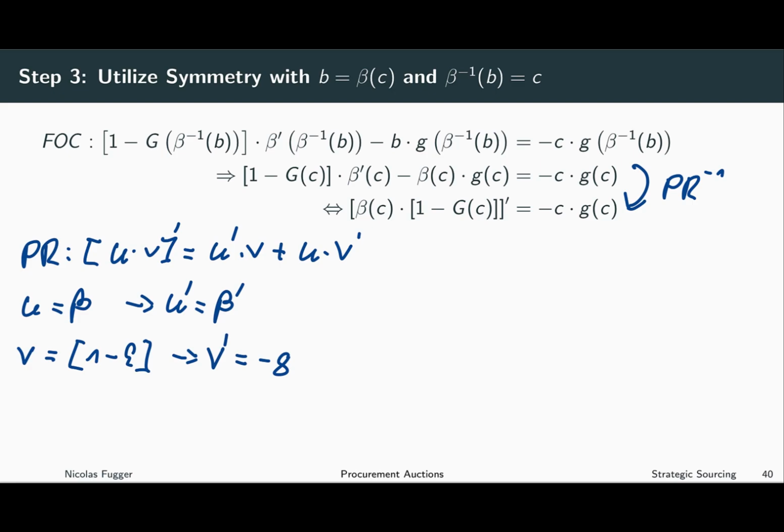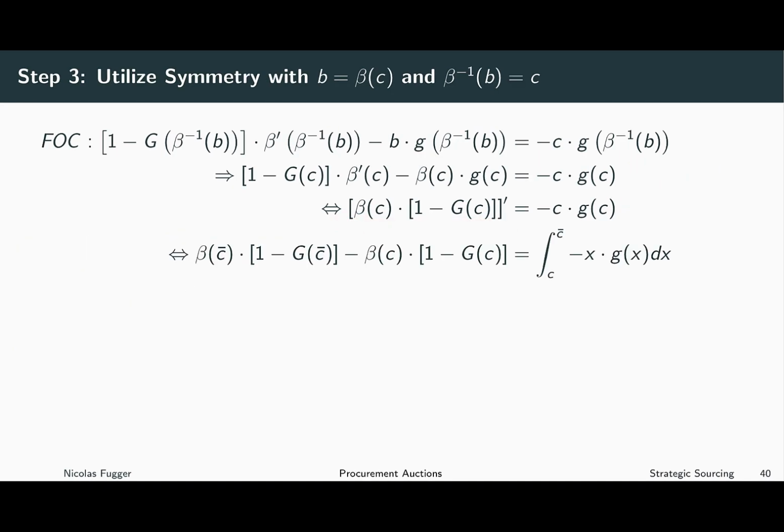Okay. So here we have v, here we have u prime, here we have u, and here we have v prime. Okay. So applying the rule, it is obvious that we get the equality of this expression and this expression.